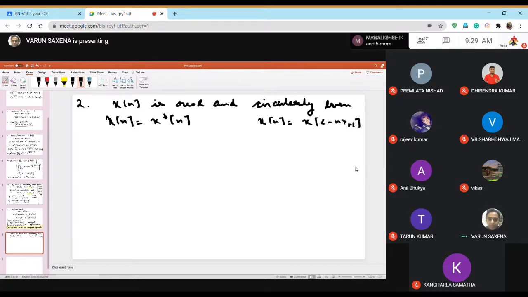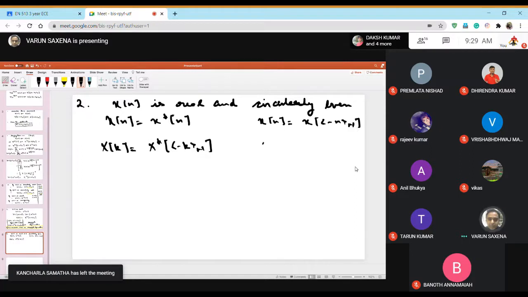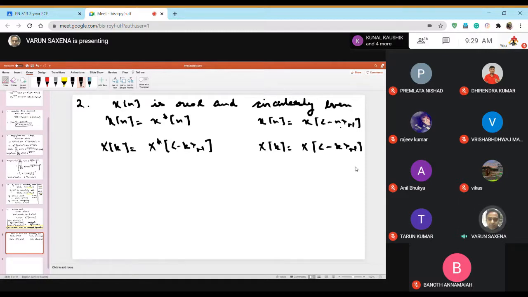Okay. So if I take DFT here, I get capital XK, and this conjugation, using conjugation property, this becomes X conjugation of minus K modulo N. On this side, I evaluate DFT and I get X of minus K modulo N. Here I have applied the circular time reversal property.